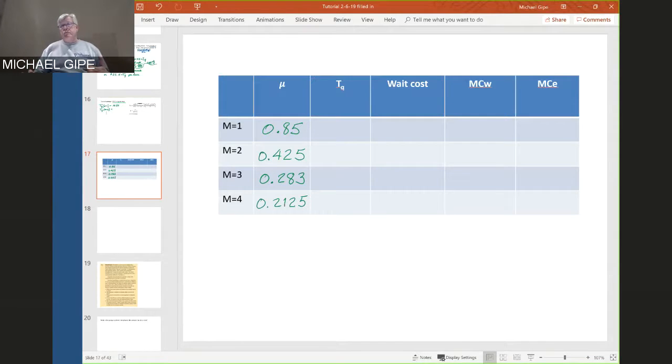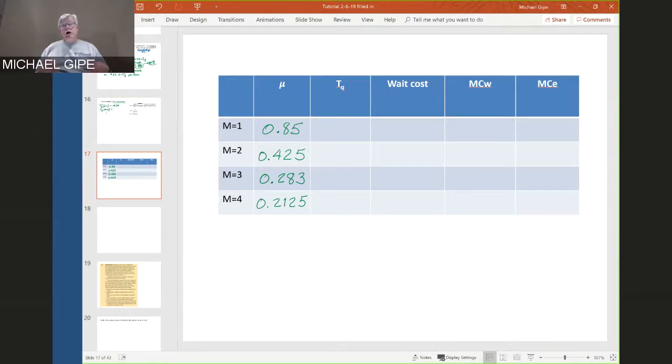We're only at 85% utilization, and we're still looking at a 20-minute wait time. And 20 minutes times 75 cents, that's pretty costly wait time per customer. If we double the number of employees from 1 to 2, we'll cut that utilization in half, and so forth all the way down.